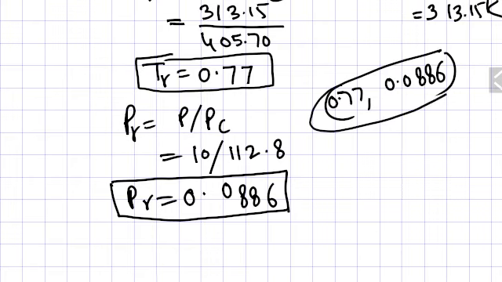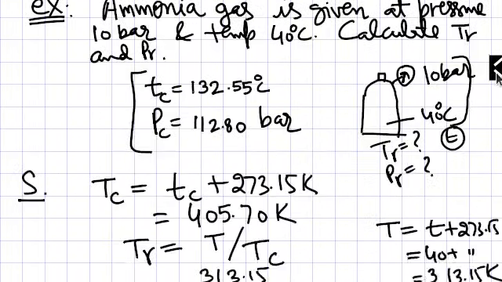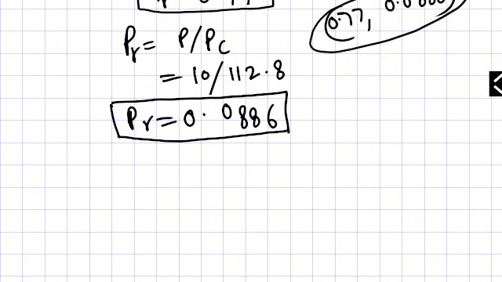Only by giving this data also you can show the state of the system, or this ammonia gas. So we end this lecture here. In the next lectures we will use this concept of reduced pressure and temperature. Actually this lecture was just to introduce the concept of reduced pressure and reduced temperature. So thank you very much.